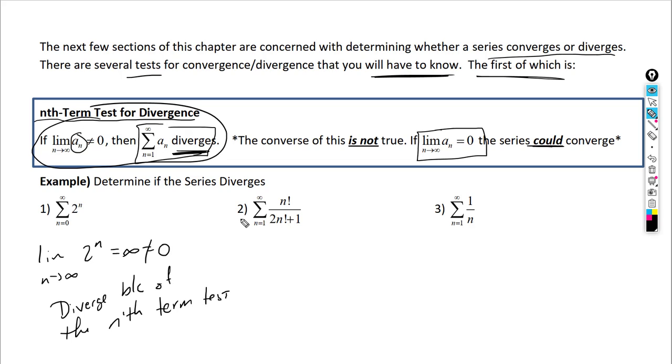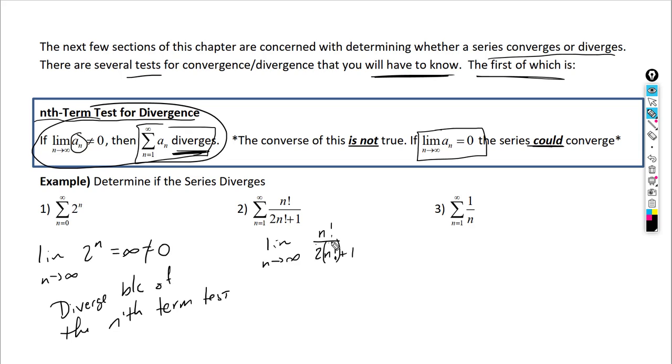This one, number 2, we're going to take the limit as n approaches infinity of n factorial over (2 times n factorial) plus 1. So this is actually 2 times n factorial, not 2n factorial. Like this is in parentheses right here. What's going to happen? The top is going to grow as fast as the bottom.